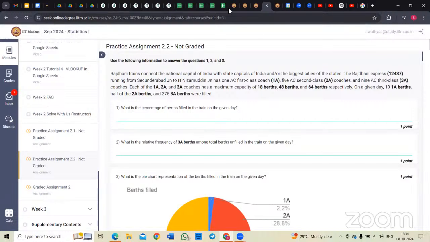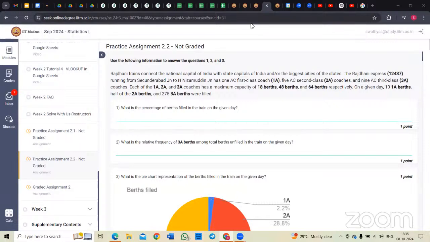You have to multiply the berths by the number of coaches given in the statement. Like 18 multiplied by 1, 48 multiplied by 5, and 64 multiplied by 9. Can you tell me the process of the question? Because this is confusing to me.